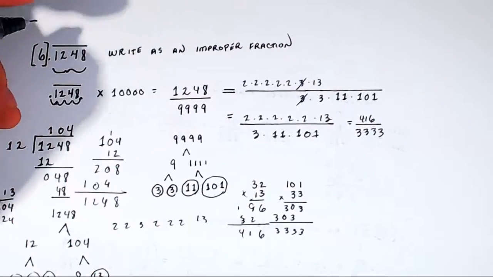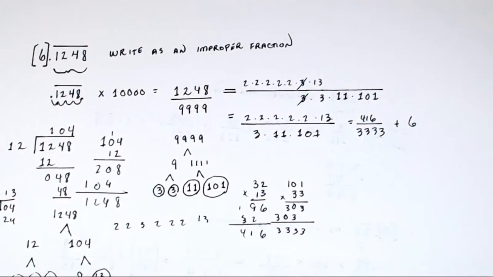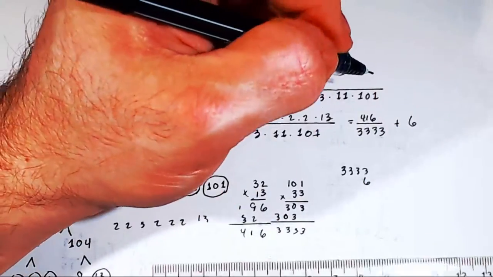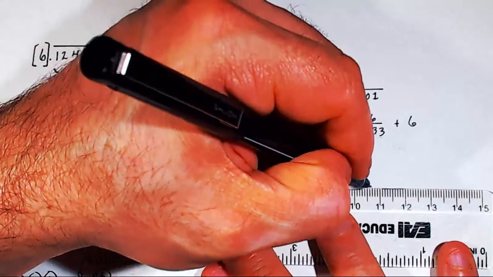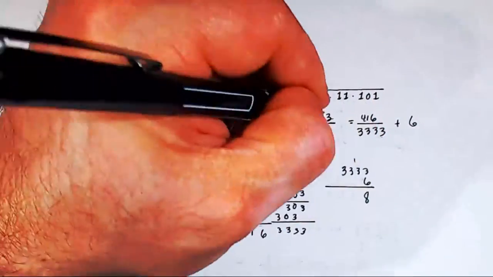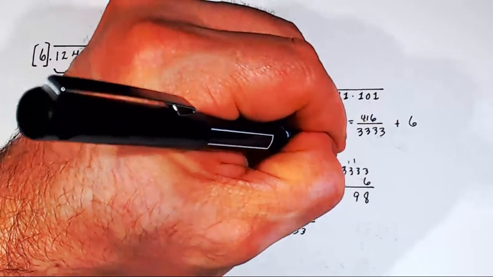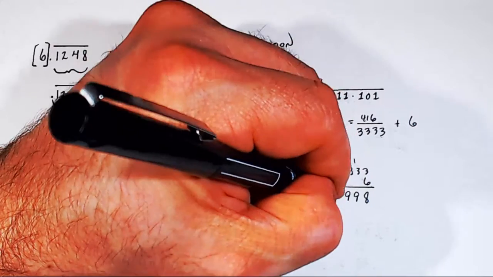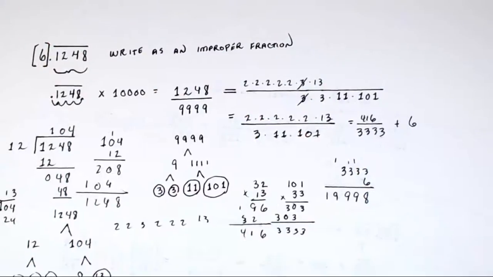And so remember, we still have to add in 6. Okay, so we need to multiply 6 by 3,333, which is 19,998.